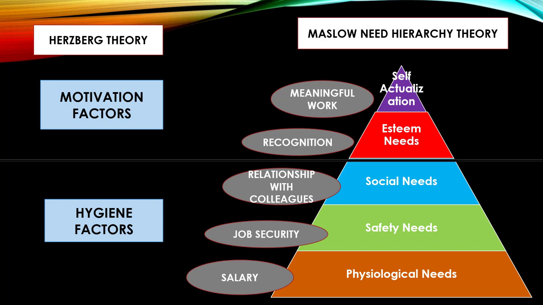So recognition and meaningful work, that is esteem needs and self-actualization needs, have the capacity to strongly motivate and satisfy the employee at the workplace as per Herzberg. So these have been clubbed and put under motivation factors.